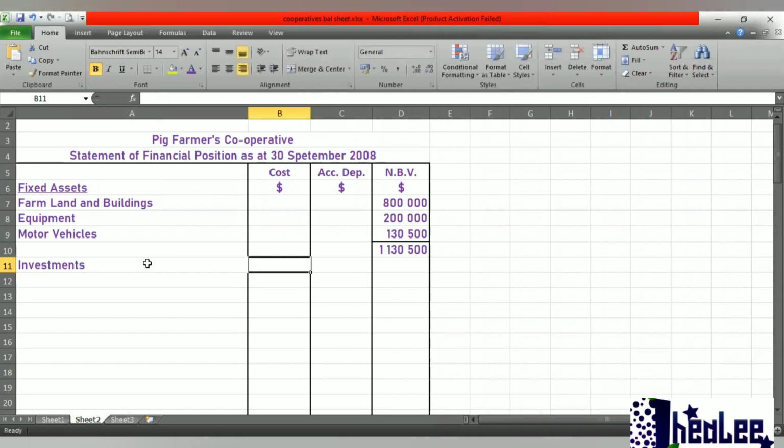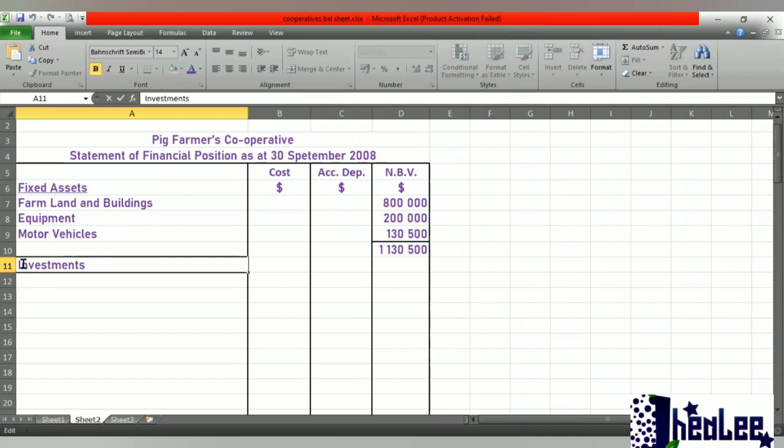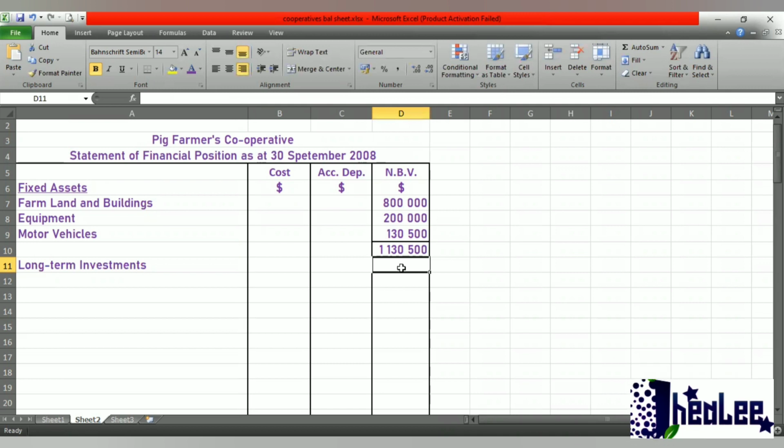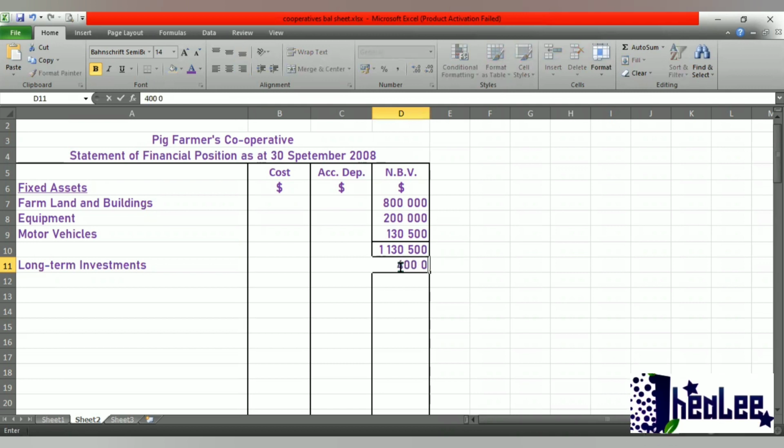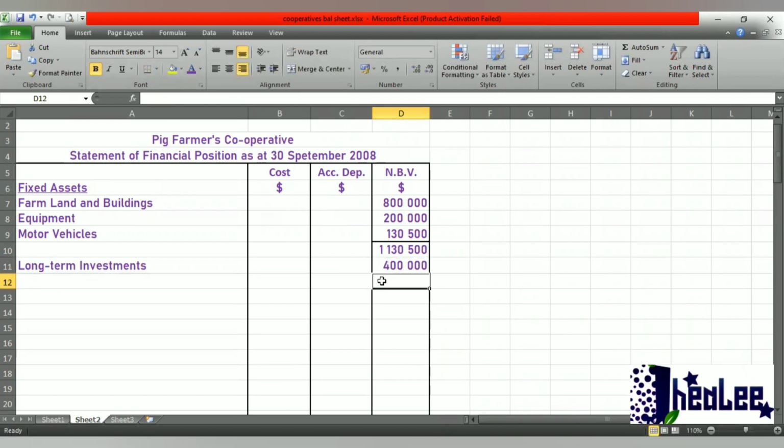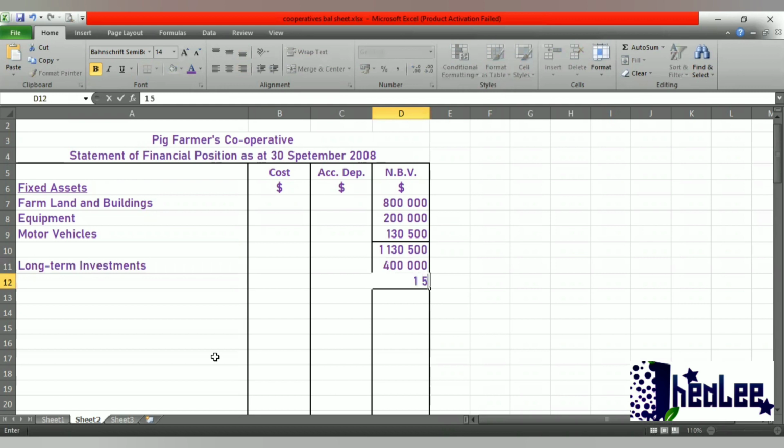And remember, because it is long-term investment, that is why it is being listed there. Let me ensure that I put in long-term investments, and the value for the long-term investment is $400,000. After entering that, again, you're going to total, and that would give us a total of $1,530,500.